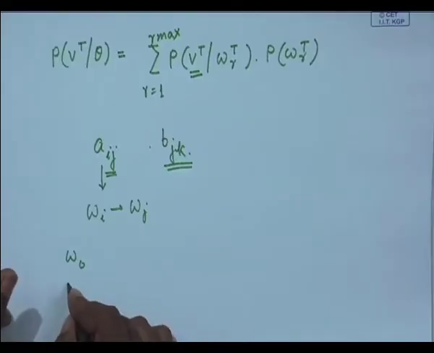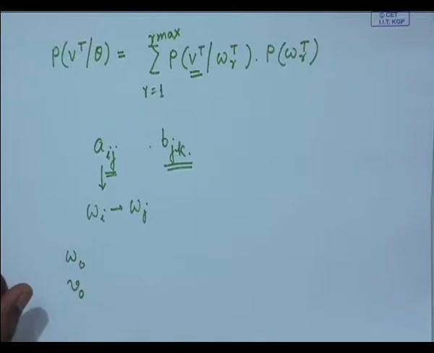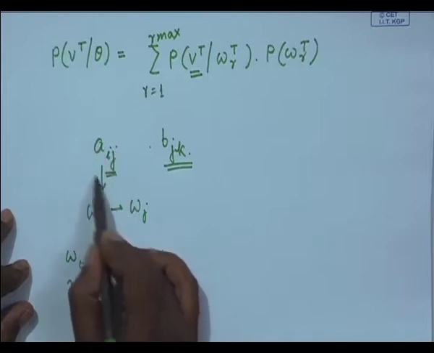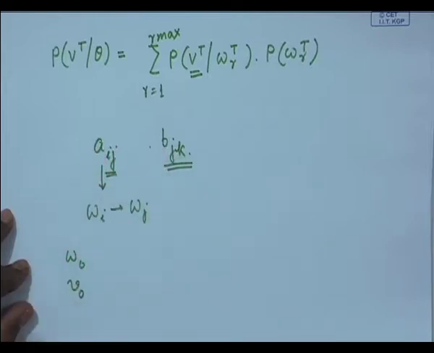Any further transition it makes has to be within state omega naught only. And while the machine is in state omega naught, it will generate only one visible symbol, which is represented by V naught. Okay.